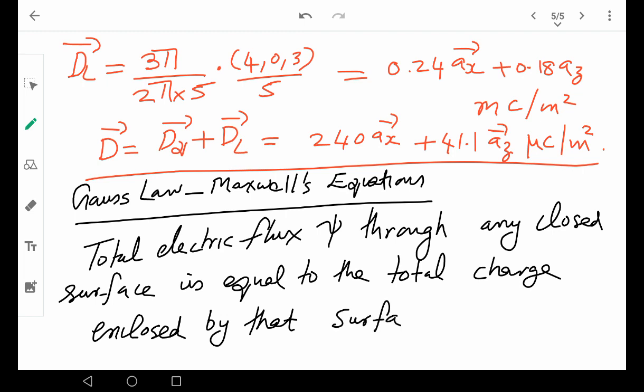This is the statement of the Gauss law. The total electric flux through any closed surface is equal to the total charge enclosed by the surface.